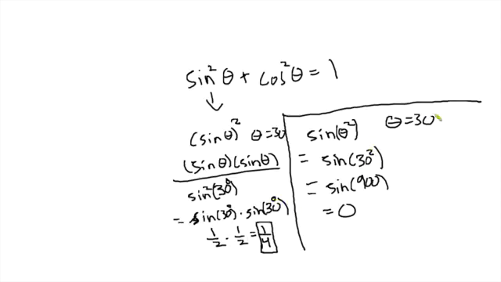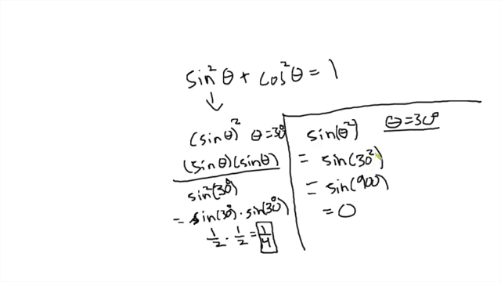Now, this is different than sine theta squared. Sine theta squared means you're squaring the angle value. So again, let's say theta is 30. Sine of theta squared means sine of 30 squared. You plug in 30.